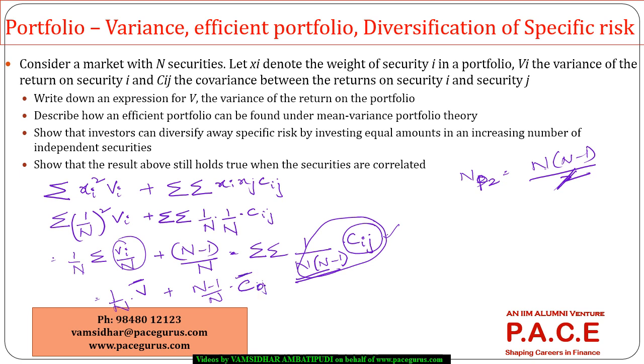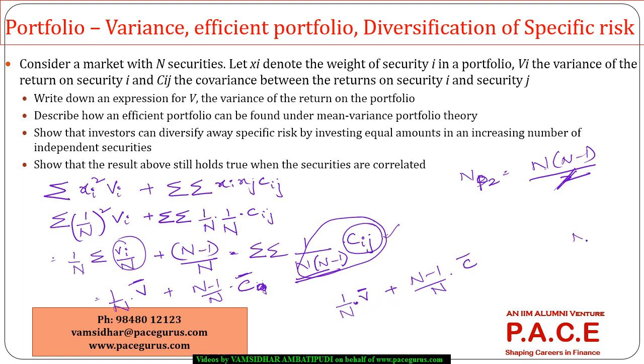So overall, the variance of the portfolio is coming out as 1 by n times average variance plus n minus 1 by n times average covariance.